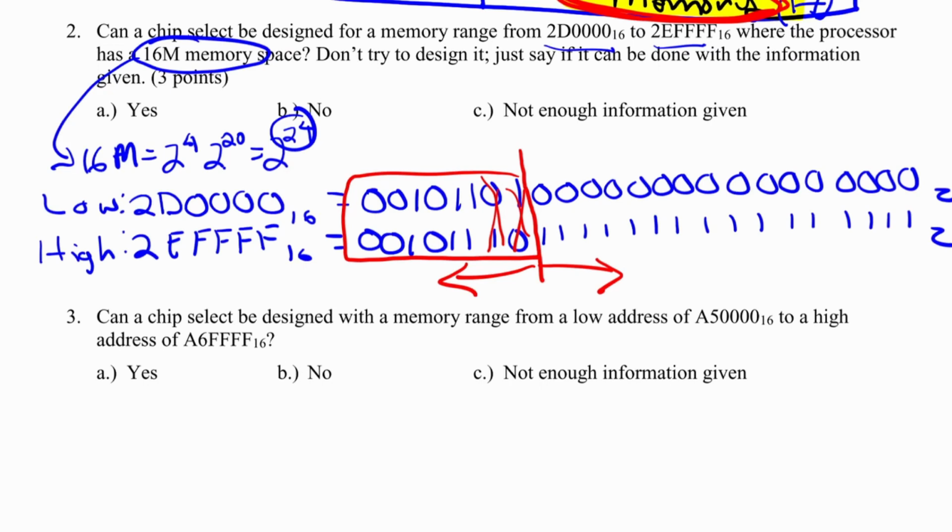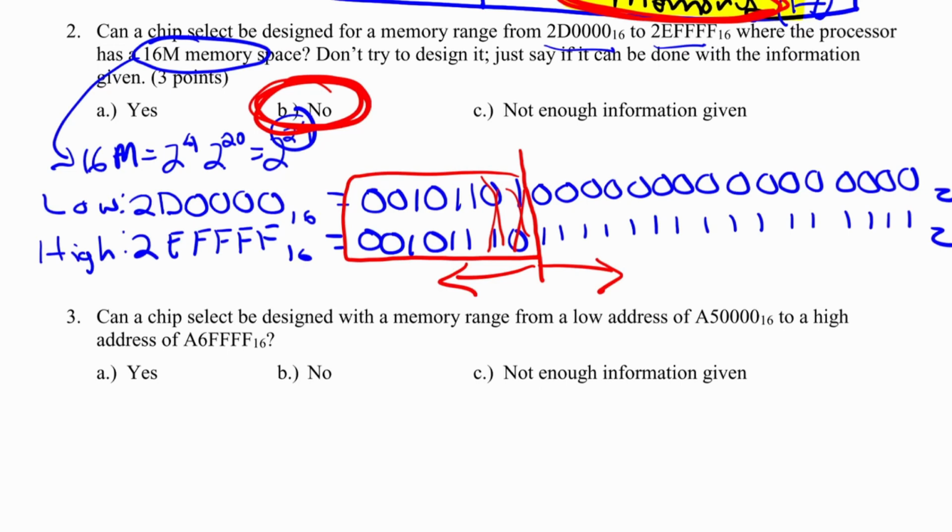The second least significant bit position goes from a 0 to a 1. So it turns out there is no way to design this chip select because for the full range, the chip select bits don't stay the same. That eliminates the possibility of being able to design this chip select.